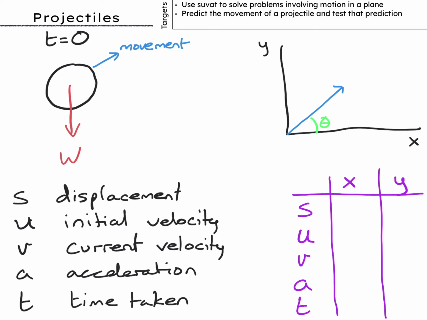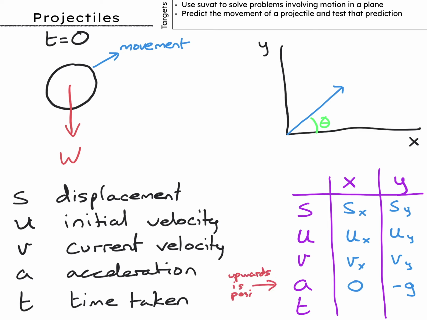Filling in my table, I know nothing. Alright, so there will be sx and sy, the displacements to the right and upwards, ux and uy, vx and vy, 0 and minus g. Okay, I've decided I'm going upwards.